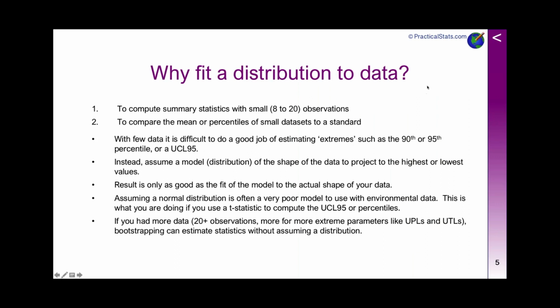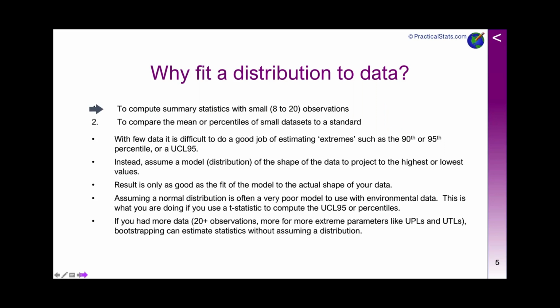Why would you want to fit a distribution to data? And the first reason is that you would compute summary statistics for data that have a small number of observations.